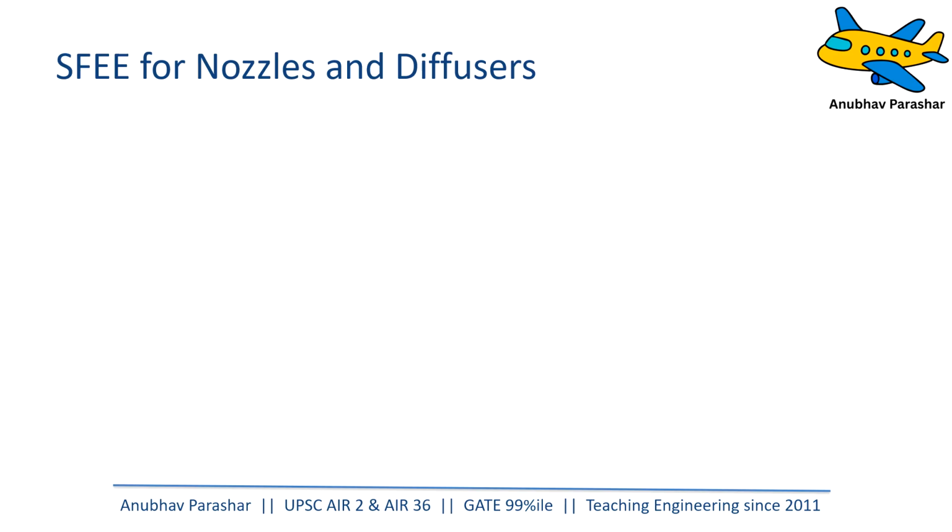Now let us try to apply the steady flow energy equation for a nozzle or a diffuser. So nozzles are generally drawn this way, right? Diffusers are drawn this way. So this is the inlet, this is the exit, this is the inlet, this is the exit, right? So mass is coming in, mass is going out.